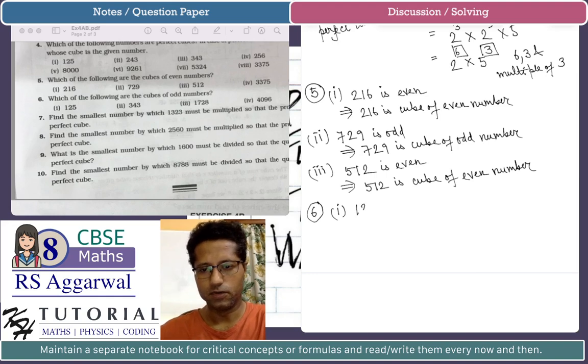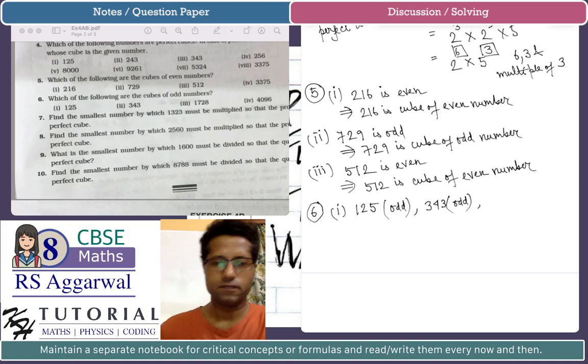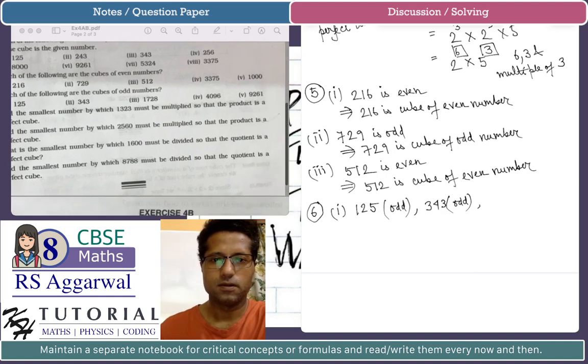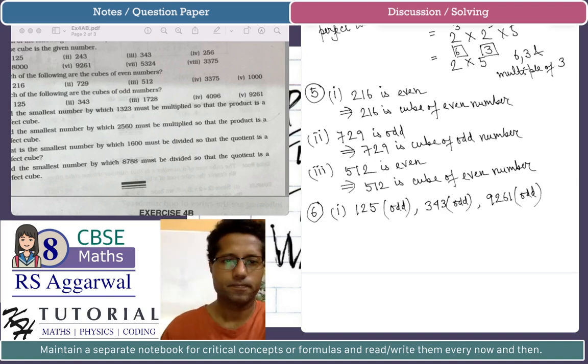They will be definitely 125 since it is odd, and then 343 also since it is odd. 1728 is an even number, so it will not be a cube of an odd number, and 4096 is also an even number. And the last one, 9261, is also the cube of an odd number because the number 9261 is odd.